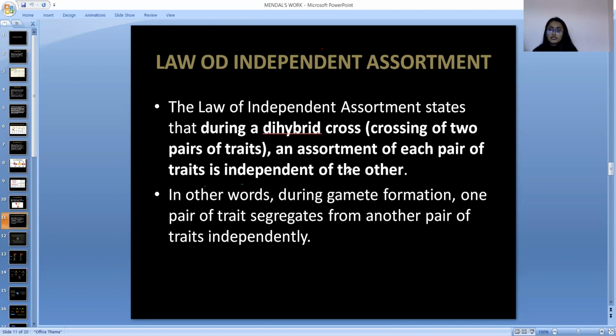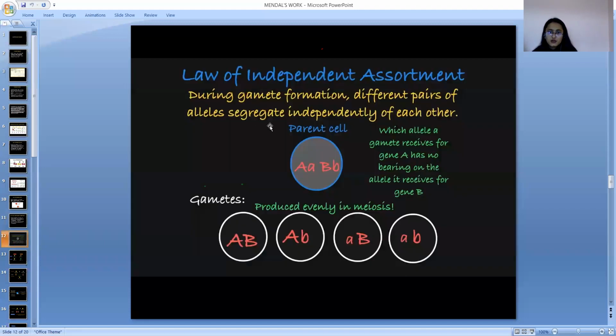In other words, during gamete formation, one pair of traits segregates from another pair independently. They are not depending on each other. इसका हम example के साथ करते हैं. During gamete formation, different pairs of alleles segregate independently of each other.